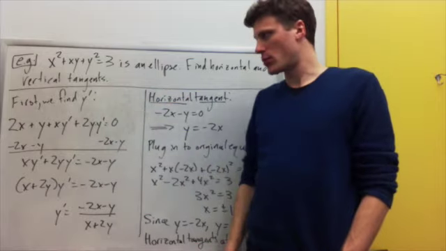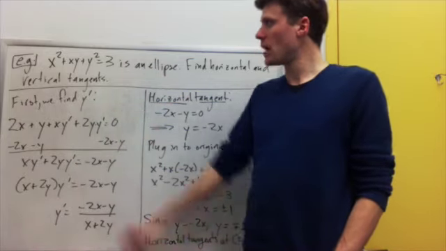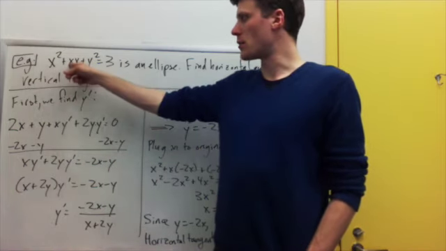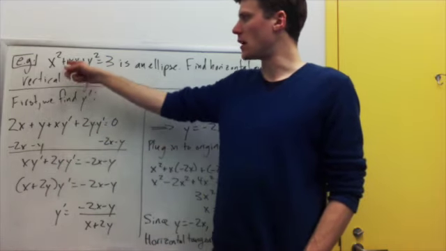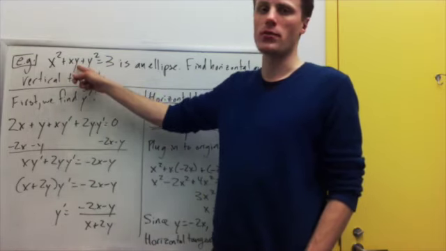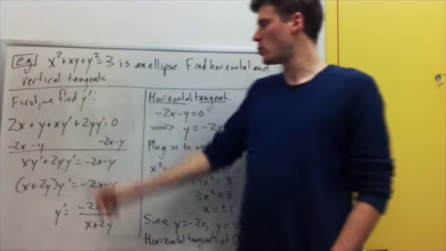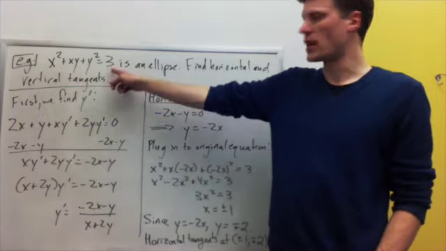First, we're going to find y prime. I take the derivative. The derivative of x squared is 2x. The derivative of xy, I have to apply the product rule. The derivative of x is 1, so I'm left with just y. I'm going to leave y alone. Then I leave x alone and take the derivative of y, which gives me y prime. And then I take the derivative of y squared, which gives me 2y y prime, and the derivative of 3 is 0.